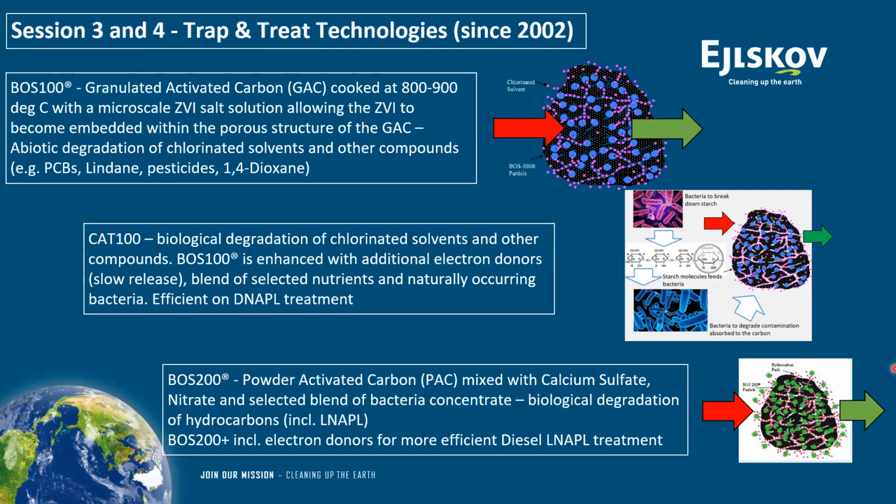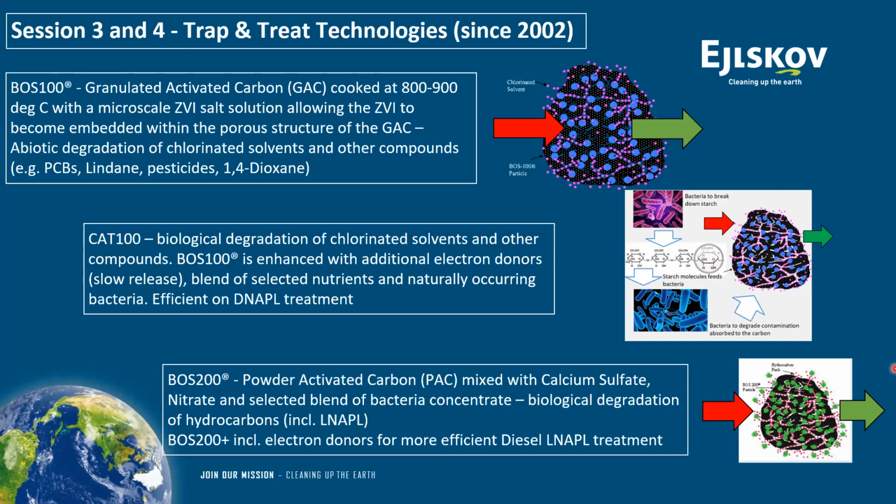There are three different types of products which are used for both biotic and abiotic treatment of chlorinated solvents, through the use of BOSS 100, CAT 100, but also other compounds, as we will show when it comes to BOSS 100, with PCBs, lindane, pesticides, and dioxane as some of those that can be treated by BOSS 100.